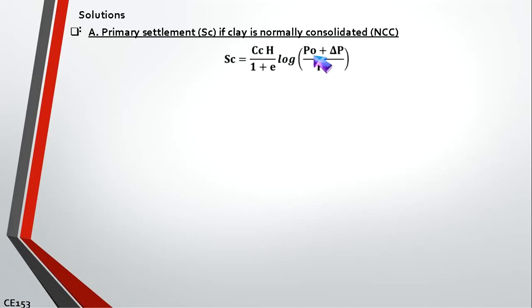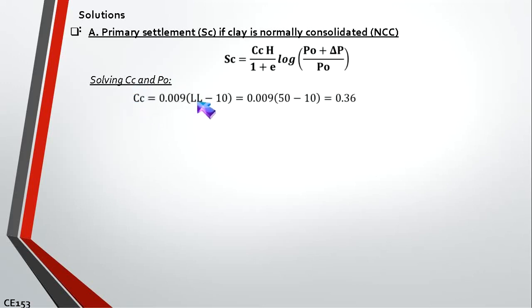We need to solve first Po and Cc. Then after solving, we substitute the values into our equation and we get the primary settlement of the clay. So first is to solve Cc and Po.